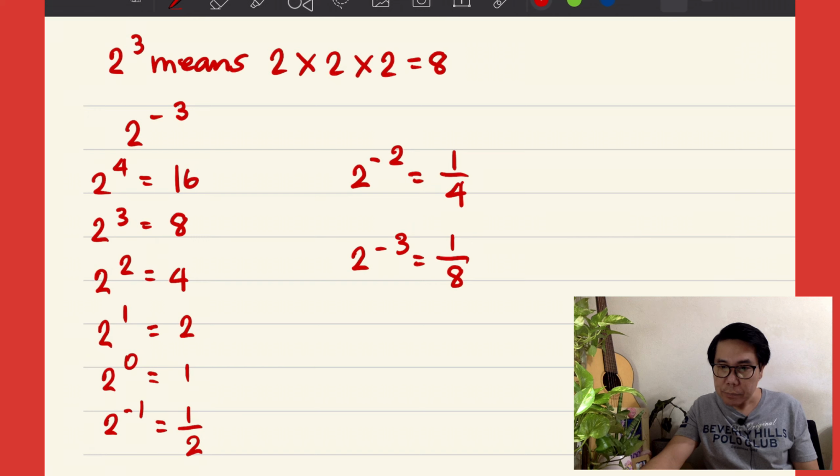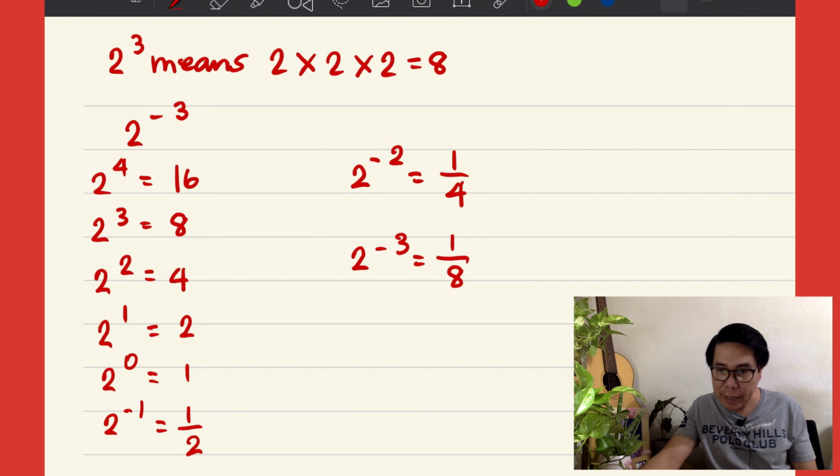Now, what we have found out about negative powers is that we need to get the reciprocal of the number. The reciprocal of a number is the value you need to multiply by to give an answer of 1.